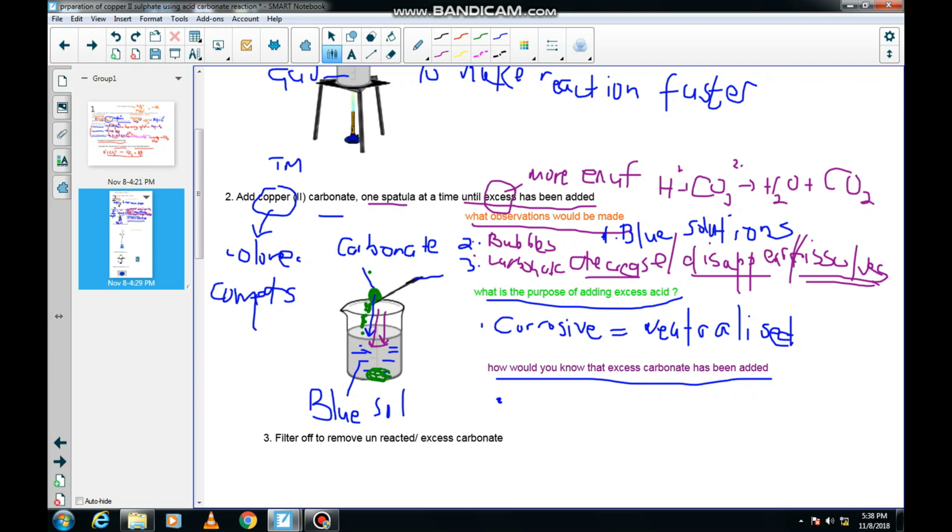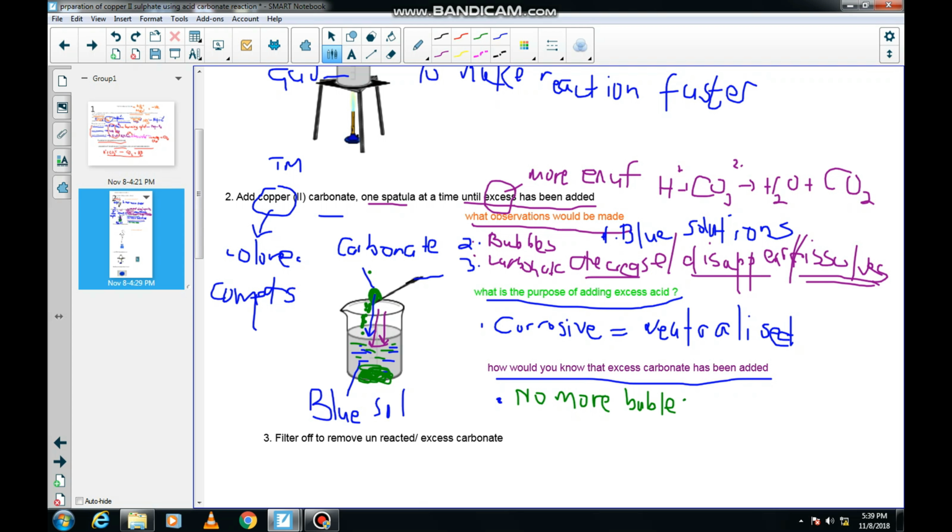So when we begin to observe our carbonate settling down at the bottom of our beaker, but there are no more bubbles being observed, that will signify that the reaction has come to an end, and all the carbonate that is settling down to the bottom is excess.